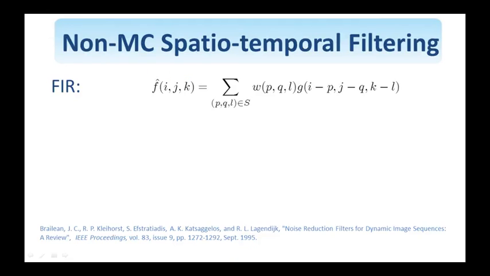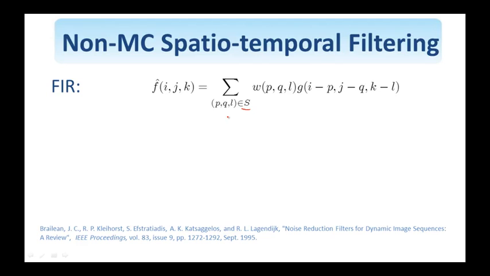We show here the form of a three-dimensional finite impulse response, FIR, filter. A neighborhood S is defined, which can contain not only past values of the current pixel, but also future values.